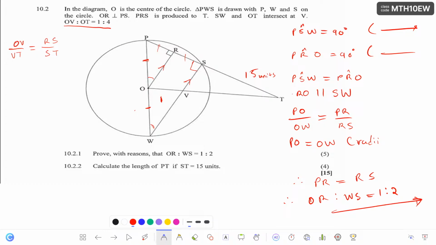This one is a ratio, guys. So if this one is 4, okay, let me use a different color. So we know that VT is 3, because it's 4 minus 1, which is 3. So VT is 3.